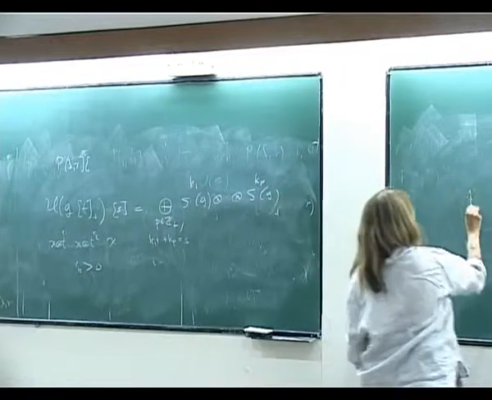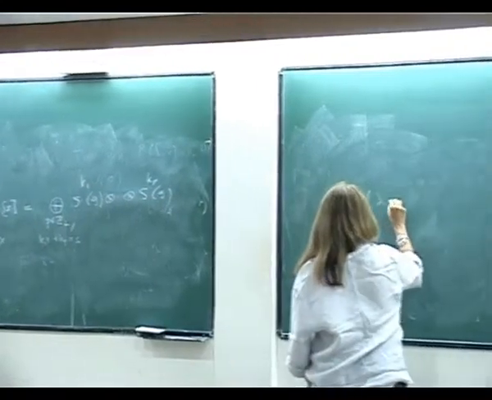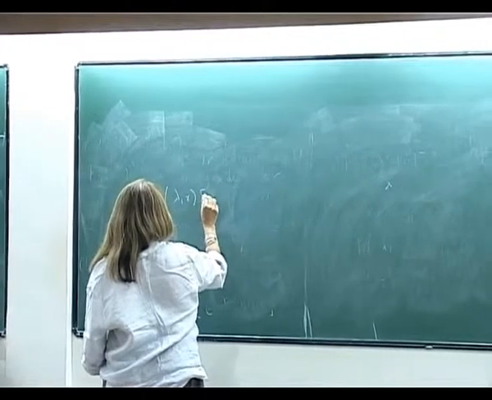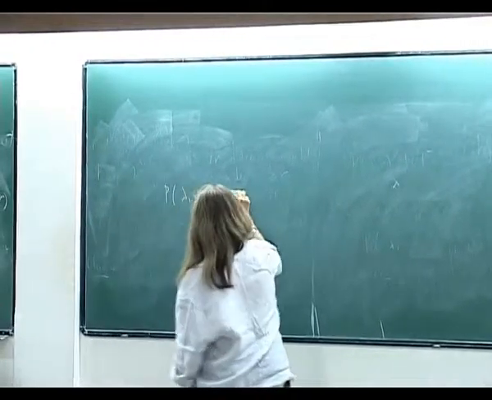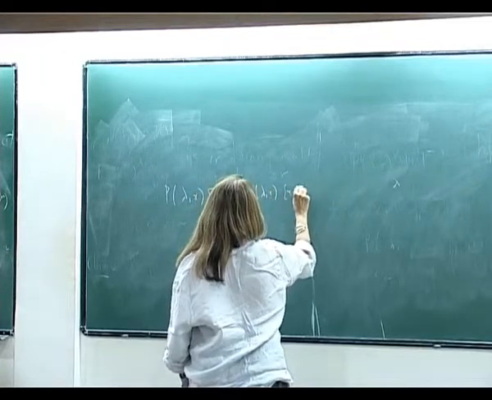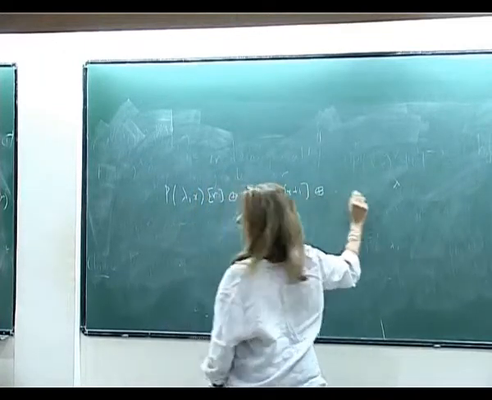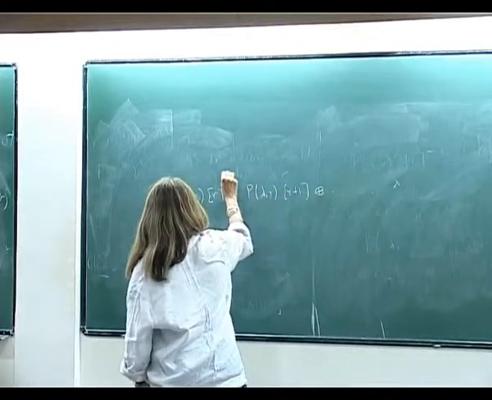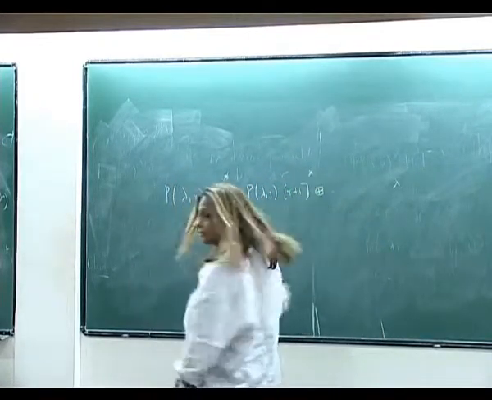Okay, so let's look at P lambda R, right? So what does this look like? It has its R graded piece plus the R plus 1th graded piece and so on, right? So when you take its dual, you're going to put dual here, and so on.